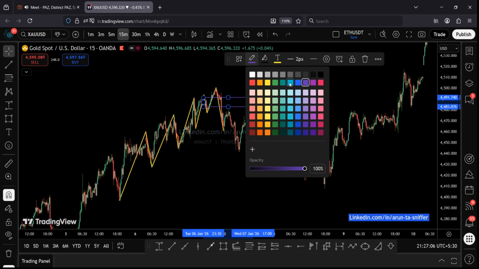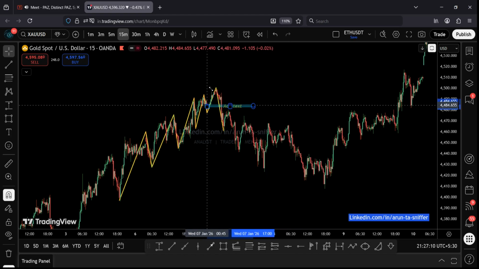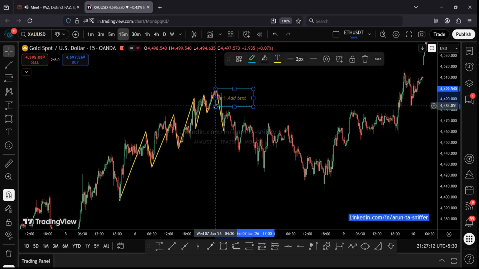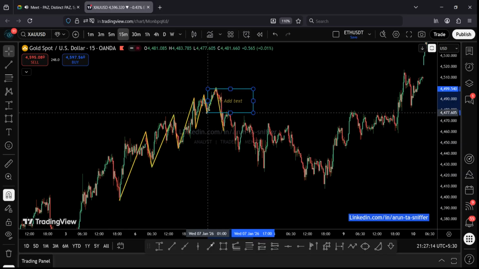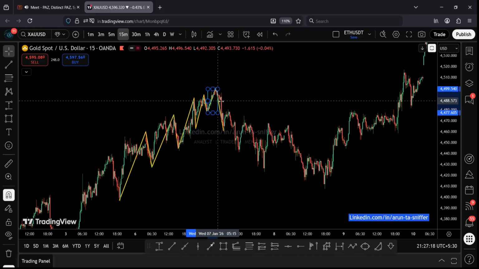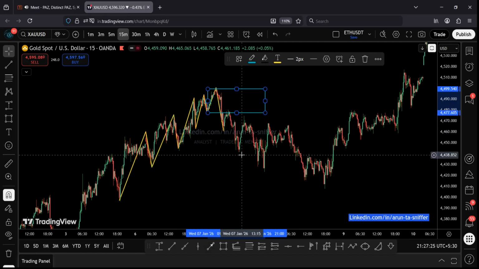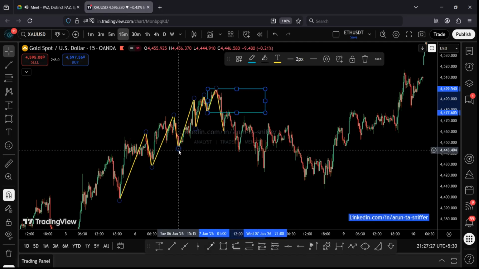Let's change the color. This to this, right? Goes back to this area like this. If we forward this, then it comes down and then crosses this.